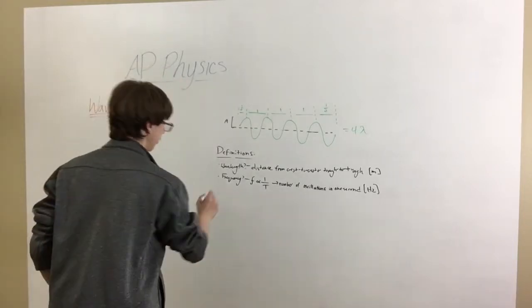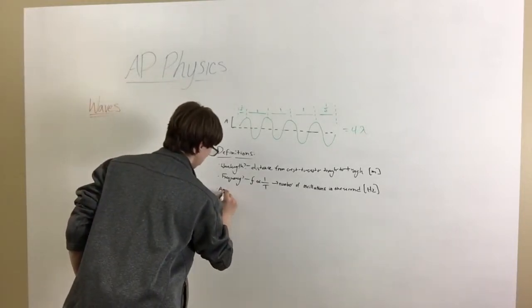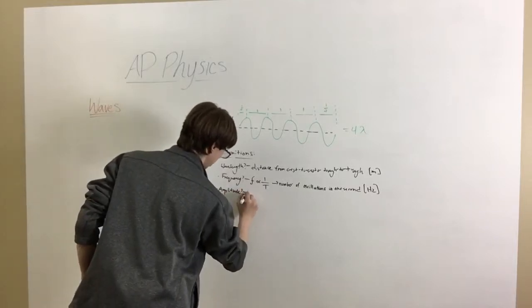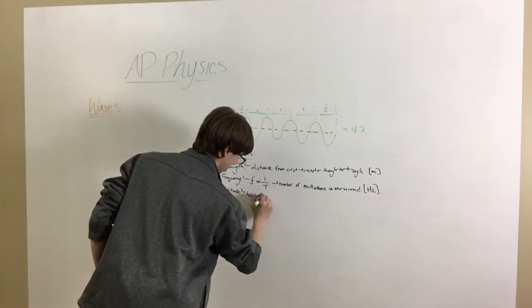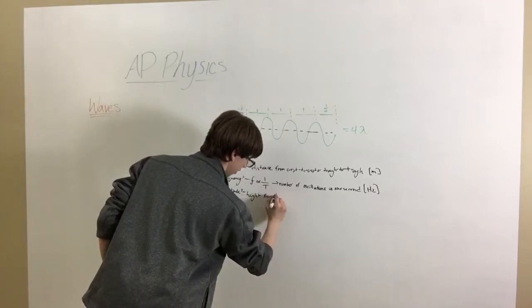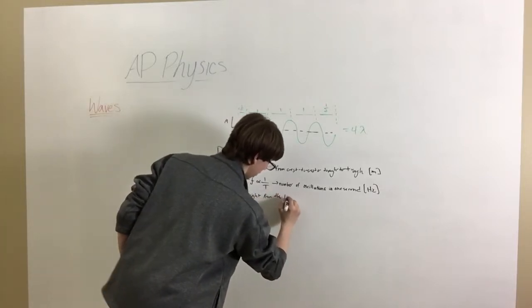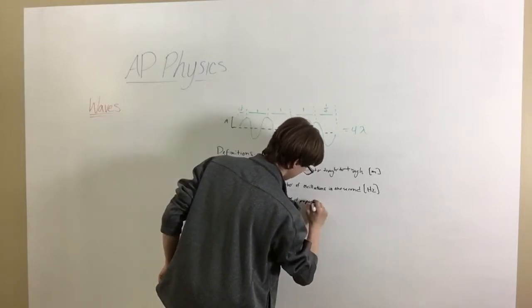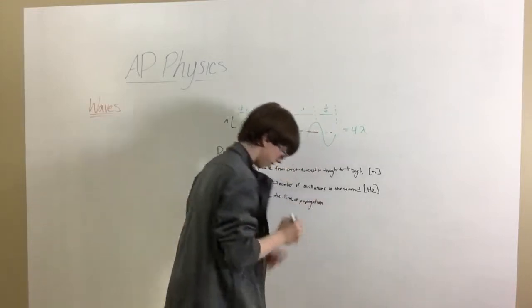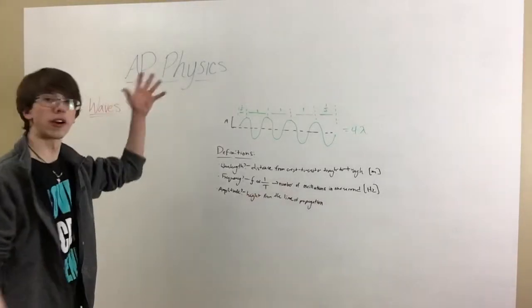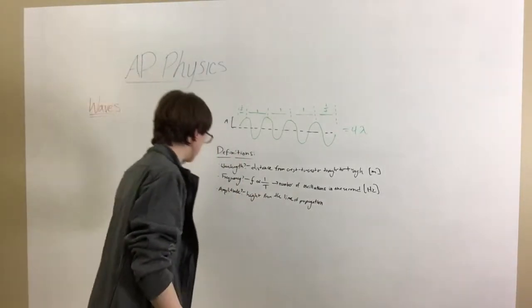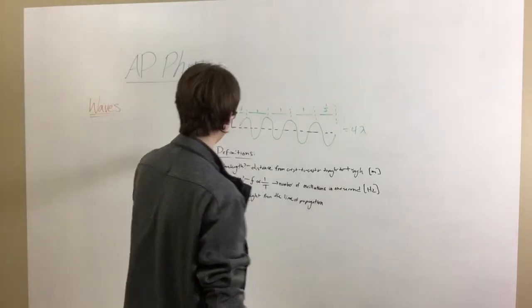So the amplitude is just the height from the line of propagation. Alright, and so there are your 3 definitions for this unit that you will need to know. You need to know these 3.